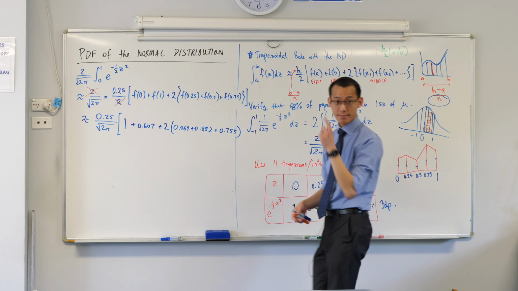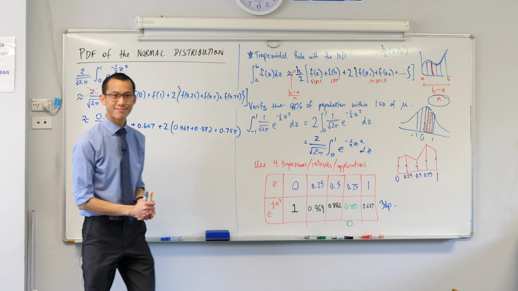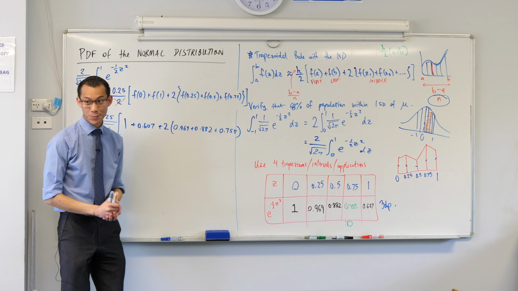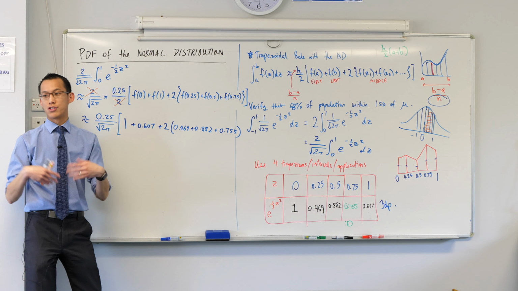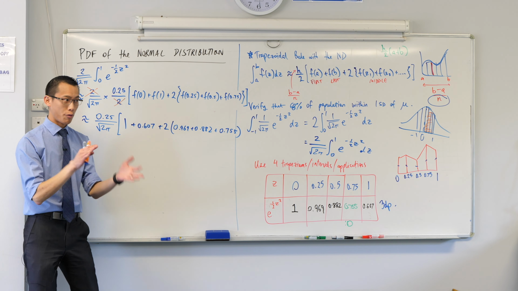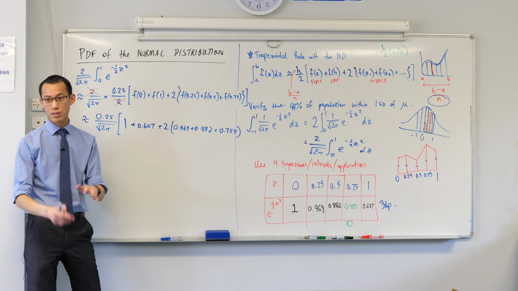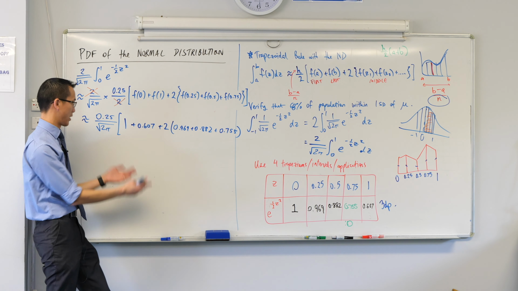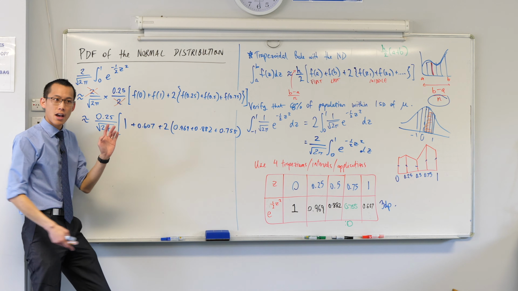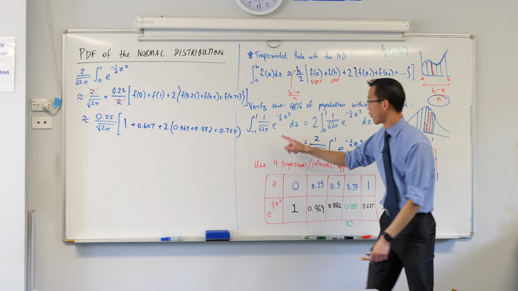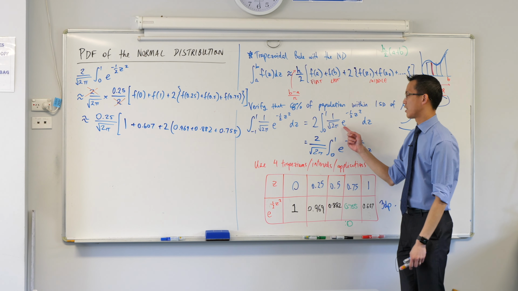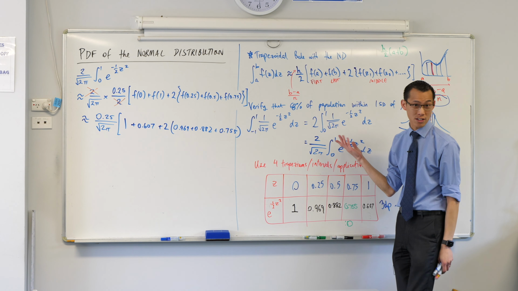Question: should we use decimals or fractions? Because it's an approximation, we could get away with it. Yeah, this is a good question. In a sense, the short answer is it doesn't matter, because we're going to get a number out in the end. You can see I've gone to decimals because I knew from the function I was dealing with that there's not going to be nice, neat fractions that come out of this.